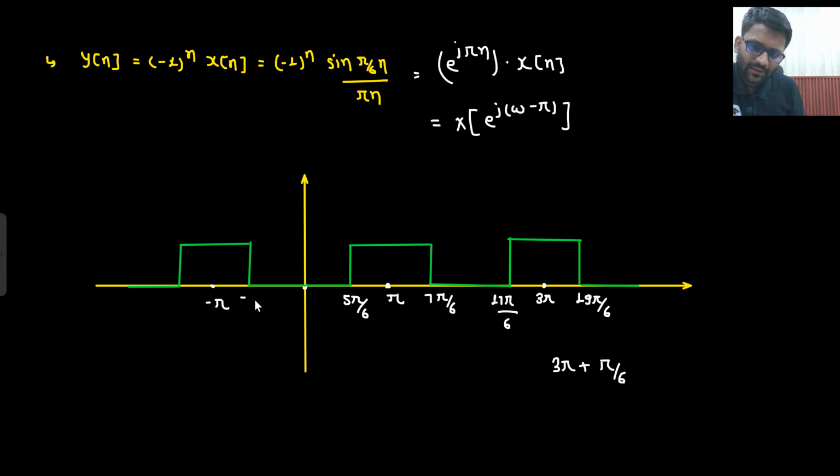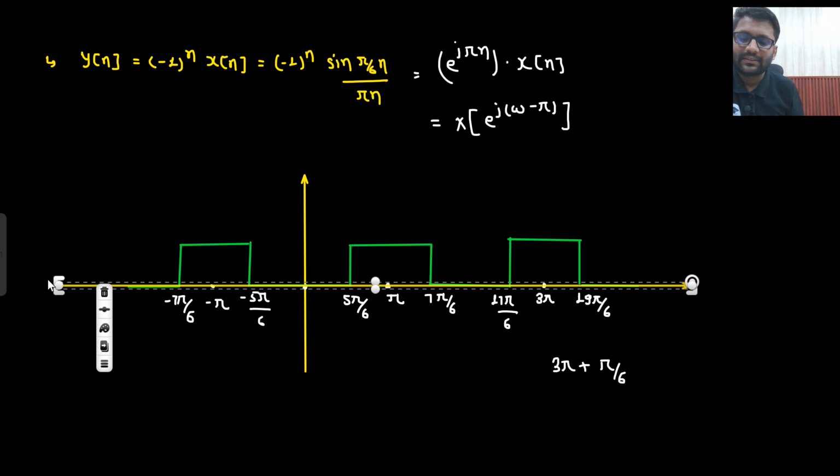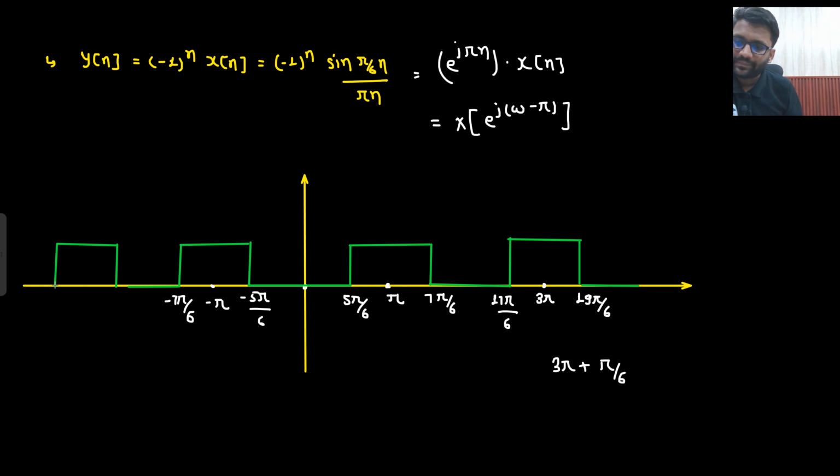This point was minus pi plus pi by 6, and minus pi minus pi by 6 would be minus 7 pi by 6. The same thing is happening towards the negative side as well: minus 3 pi, minus 17 pi by 6, minus 19 pi by 6. So this would be your Y(e^jω).